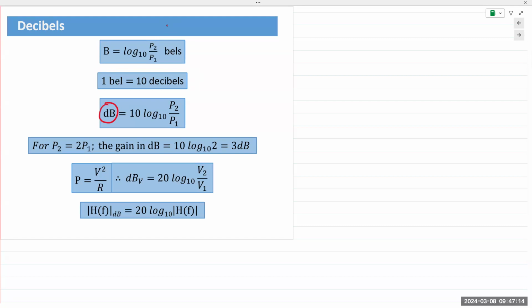Okay, so if you look at some high-end expensive audio video receivers on the market, on the front panel, when you change the volume, it would not be numbers going from 1 to 100, it would be dB. Okay, so 1 dB is 10 times log of P2 over P1.